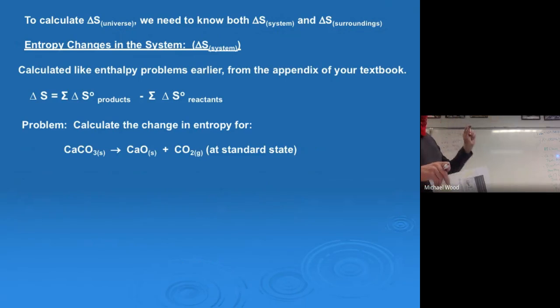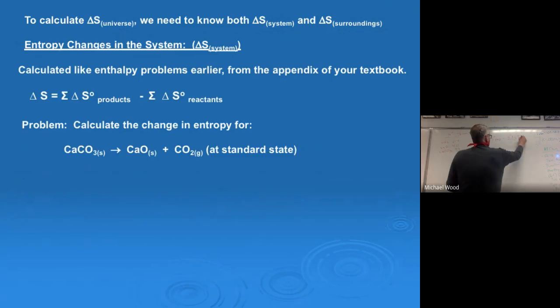But first of all, if I make a prediction before I start, will this be positive or negative? If I look over here, I've got a gas and a solid, and here's the solid. I think the entropy is going to be positive. So this is how I'm going to do it. I'm going to use this delta S, just like it says right here, which is equal to the sum of the delta S0 of the products minus the sum of the delta S0 of the reactants.